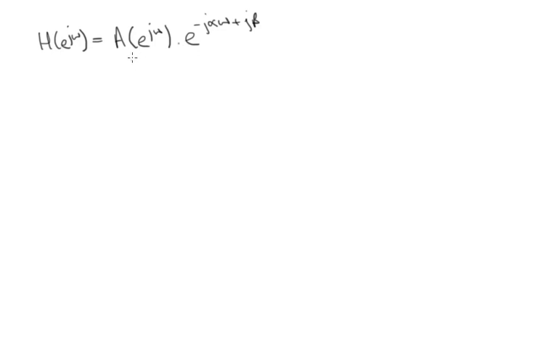Here this a of e raised to power j omega is a bipolar function. It can be negative as well as positive, whereas your phase is minus alpha omega plus beta.